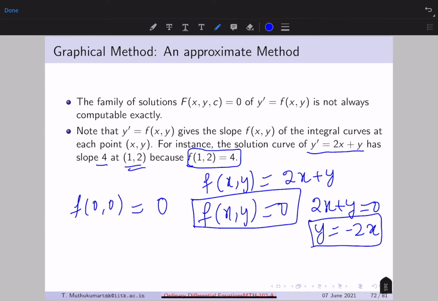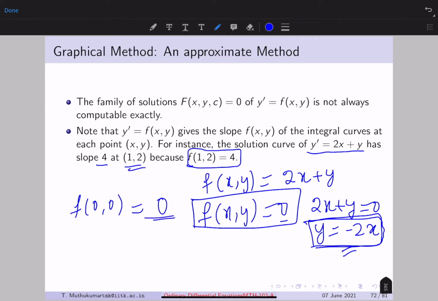So basically, for all the points on this line, y equal to minus 2x, the slope of the curve is 0.